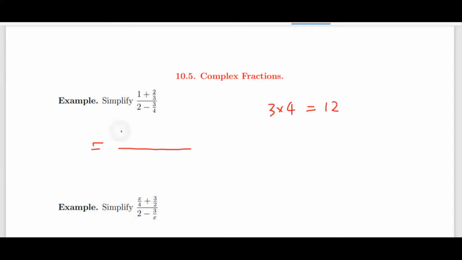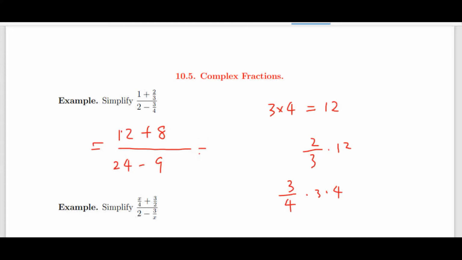So 1 multiplied by 12 is 12. And 2 over 3 multiplied by 12 is 8. And 2 times 12 is 24. Minus 3 over 4 multiplied by 12, cancel 4, equals 9.